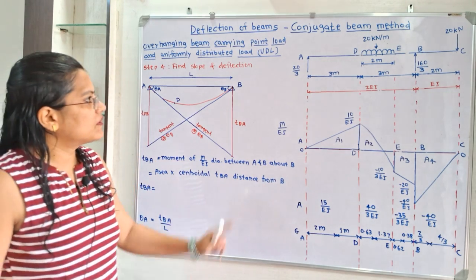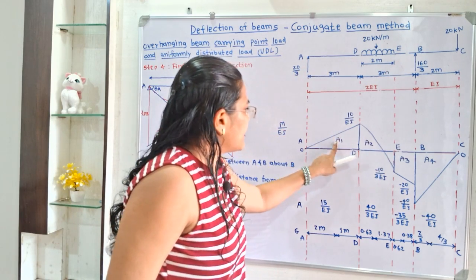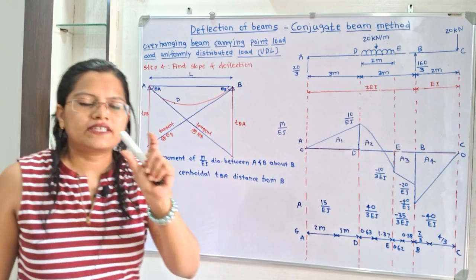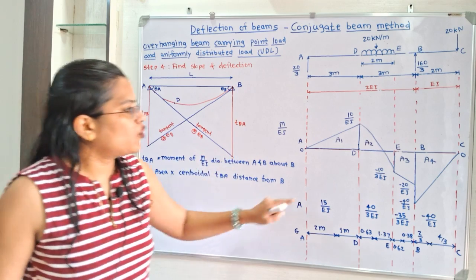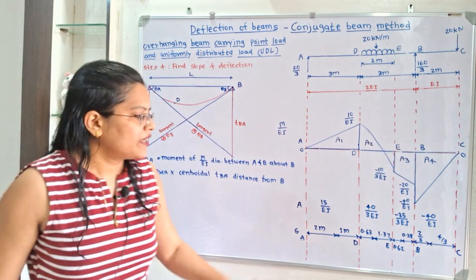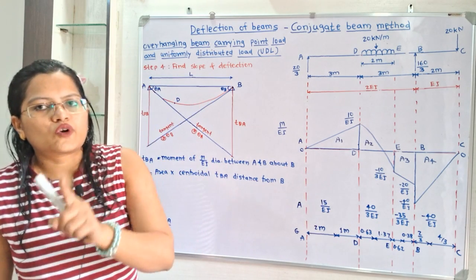Now if we observe between A and B, there are A1, A2, A3. These three areas are there. And we have to take the moment about point B, that is, this area multiplied by the centroidal distance.